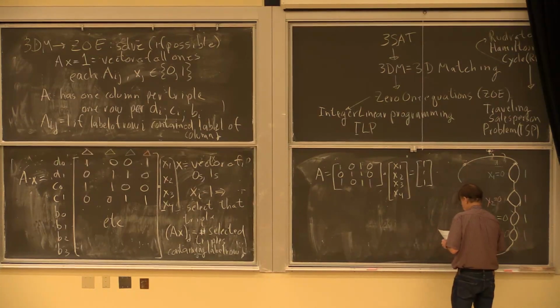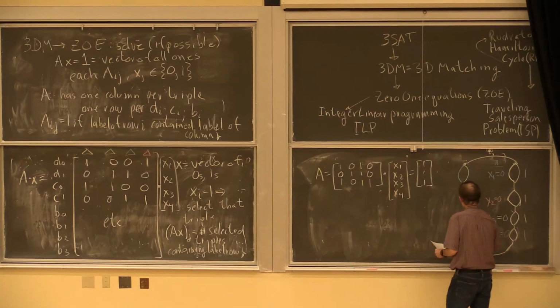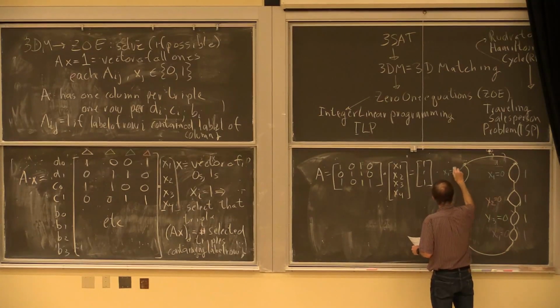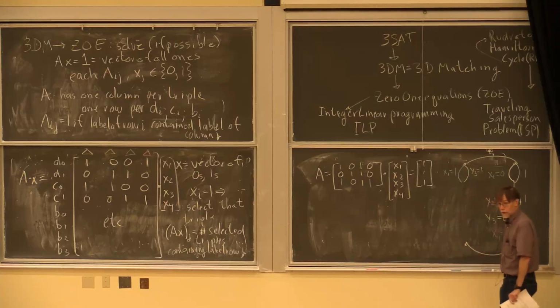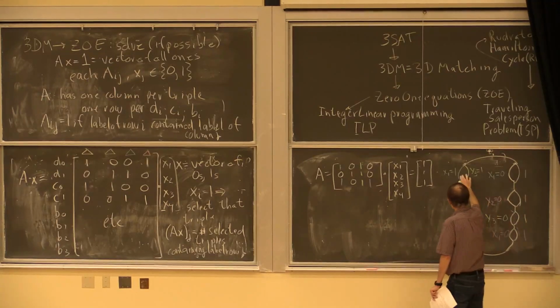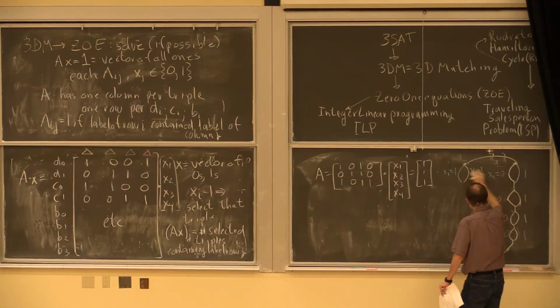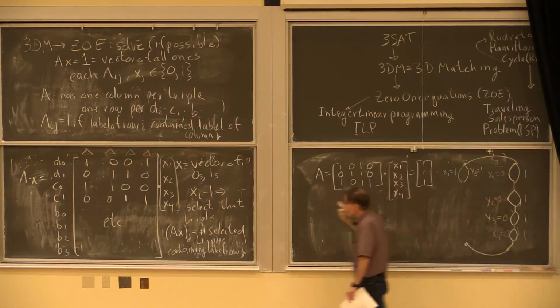I'll pick either x1 equals 1 or x3 equals 1. And that'll satisfy the first equation. And so how do I make my choices on either side consistent? I'll show you that.